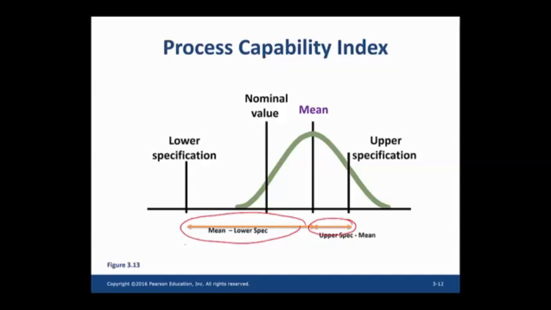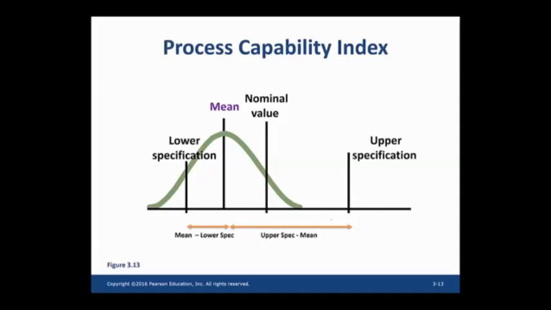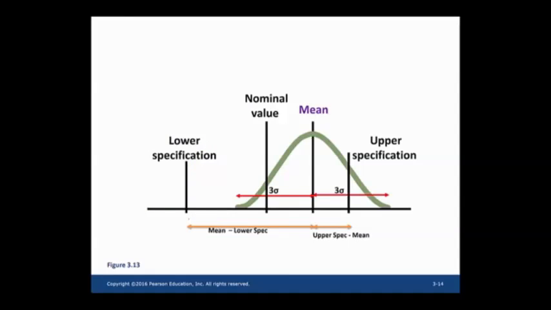For instance, since the shift of the mean is towards right, the upper specification minus mean will decrease. This is smaller. On the other hand, if the shift is to the left, the mean minus lower specification will decrease. Now use these two design widths, right, and compare them with 3 sigma limits individually. Right? That is the idea of process capability index.